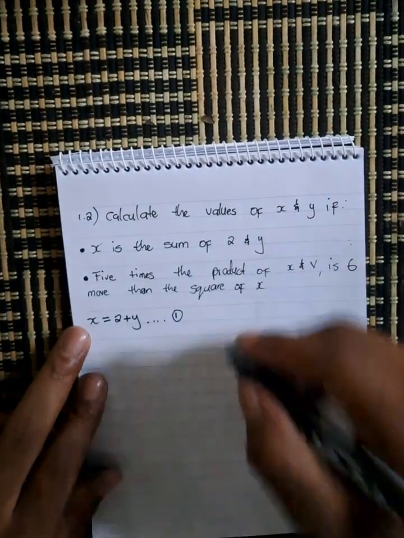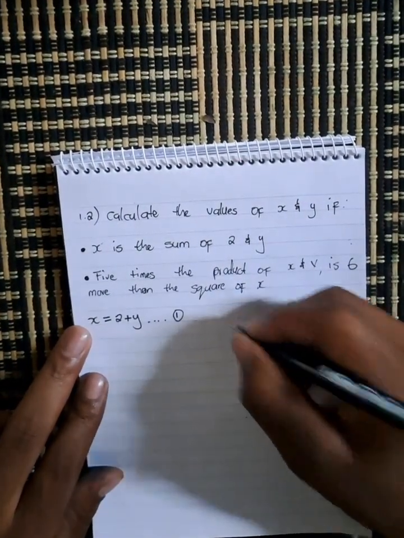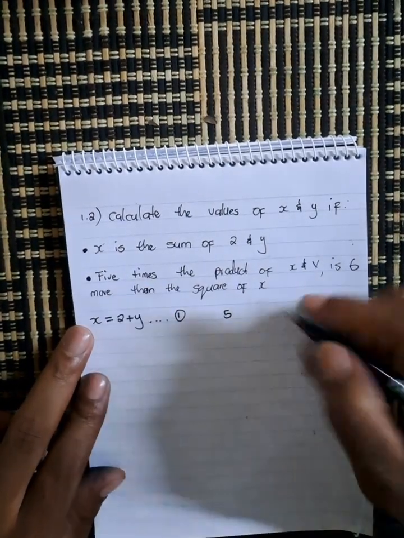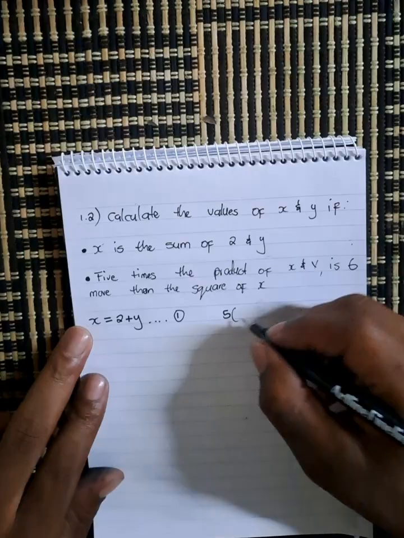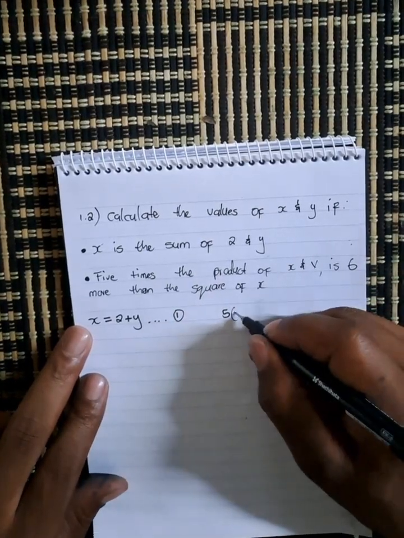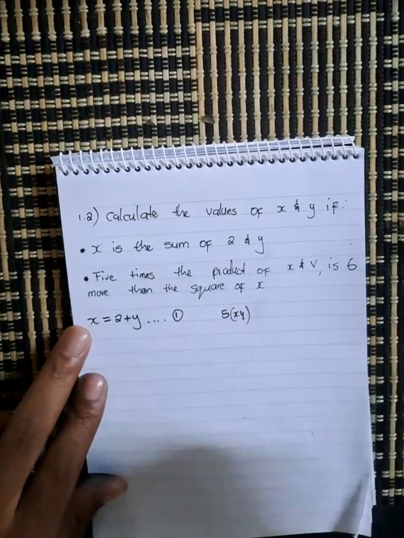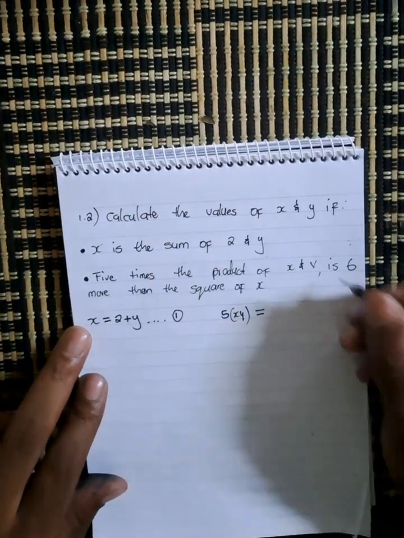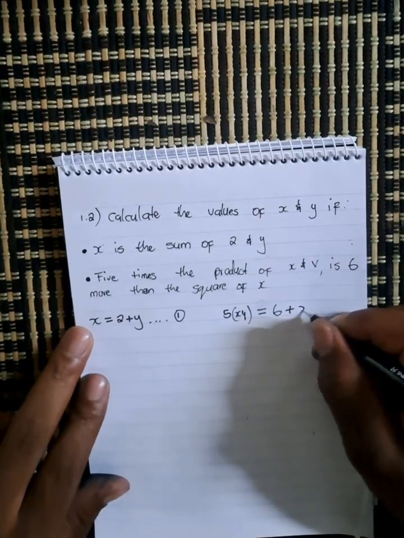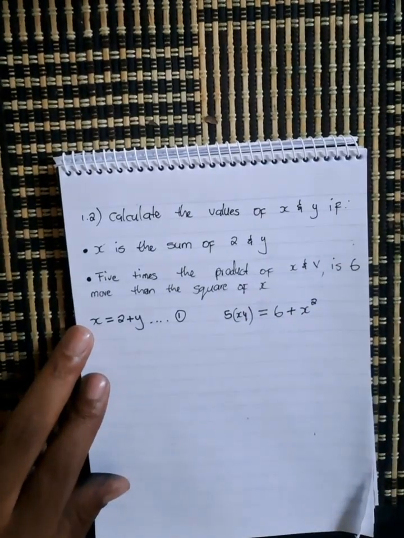Okay, let's simplify that. So 5 times the product of x and y is 6 more than the square of x.